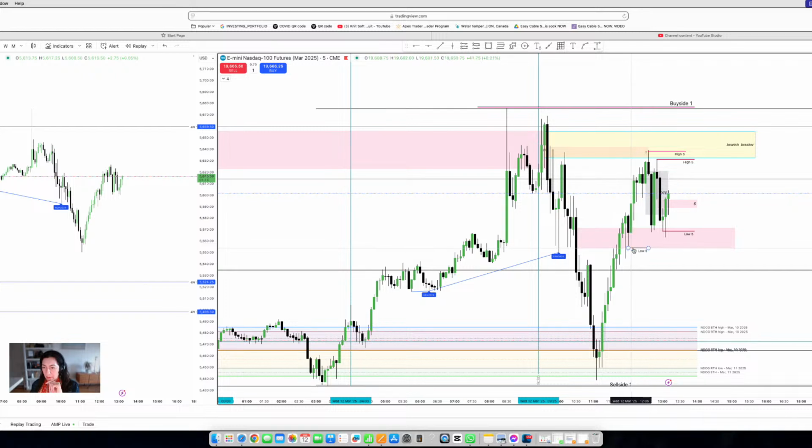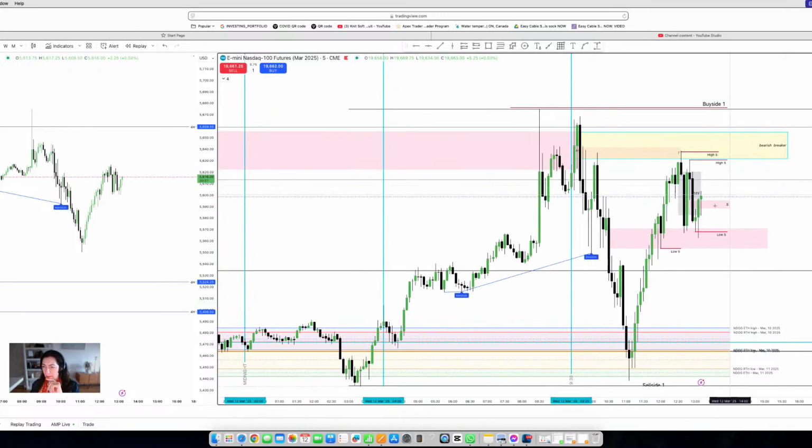On the 5-minute, price was making higher lows, but on the 5-minute failed to make a higher high in this area here. So this is as high as price got, and then when it came up again, it made a lower high.